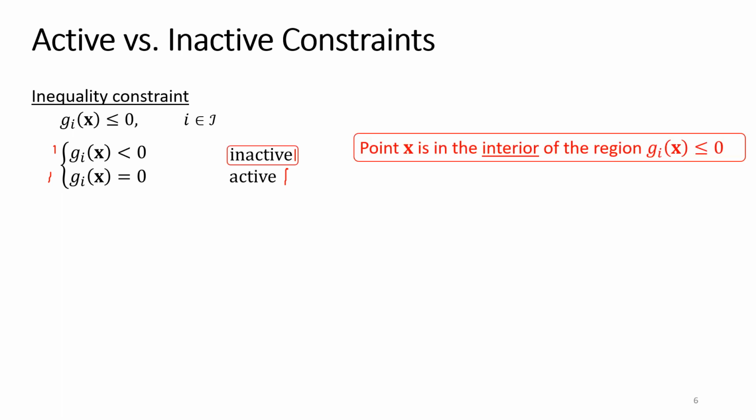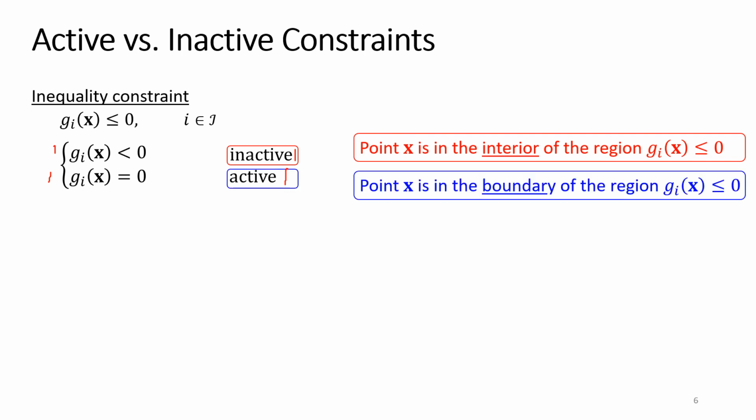Inactive constraints correspond to when the point x is in the interior of the region g_i(x) less than or equal to 0, and an active constraint is when the point x is on the boundary of the region.